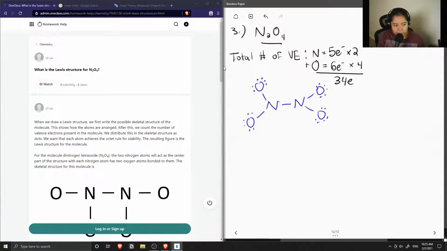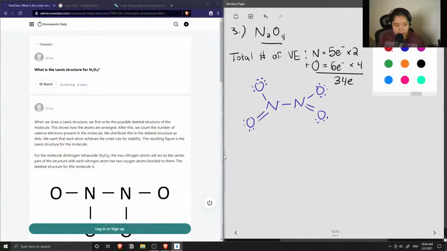So if we brought down these pair of electrons for 2 oxygens to form a double bond, so let's just erase these and make this a double bond, then you can see our nitrogens have a full octet.